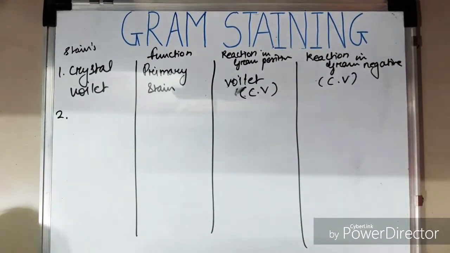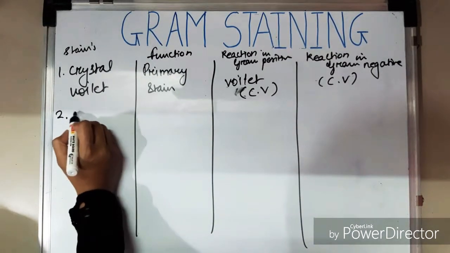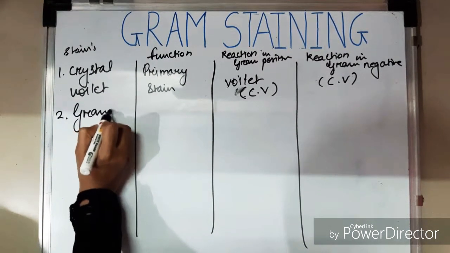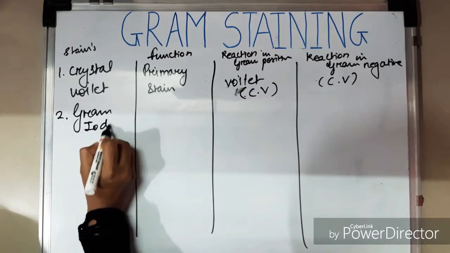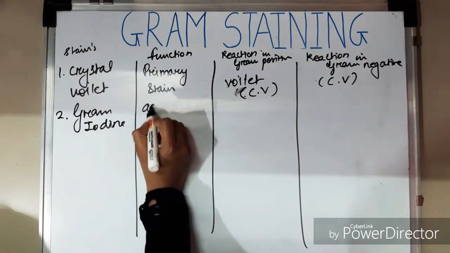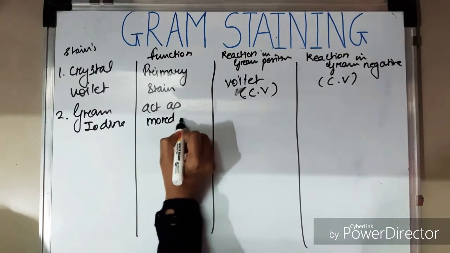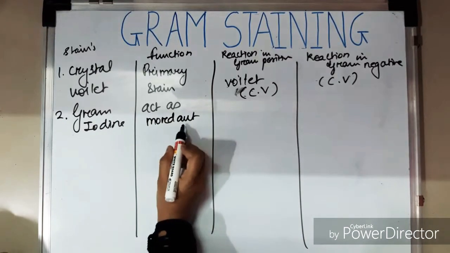The second is a mordant used. So what is a mordant? First I'll write the name, which is gram's iodine. The function of gram's iodine is that it acts as a mordant. So what is a mordant?